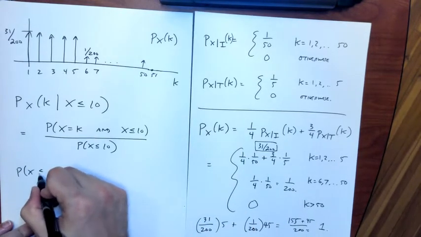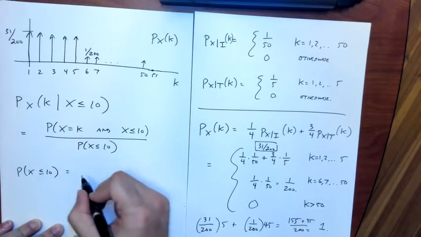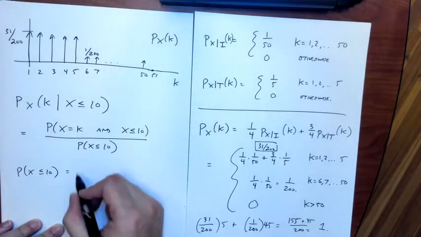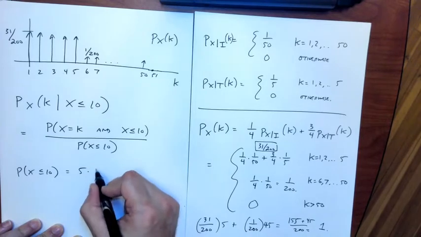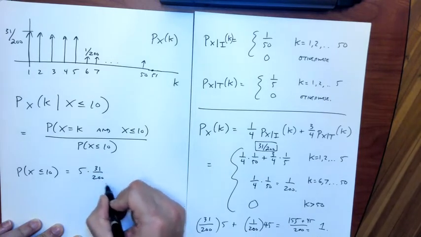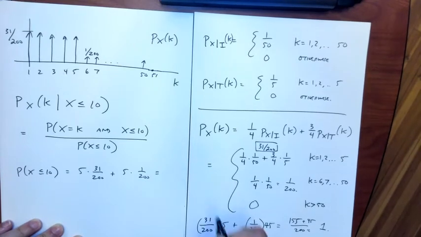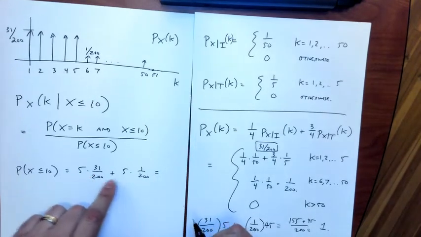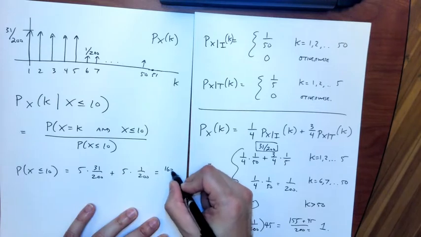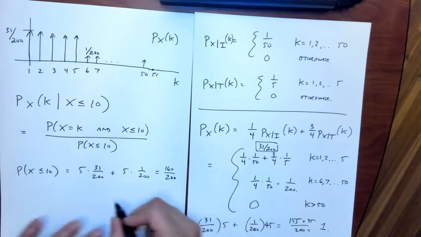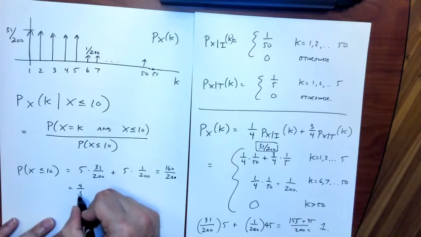So the denominator is basically adding up the first 10 values here. So I have 5 times these tall sticks, and I have 5 times these short sticks, and that's going to be 155 plus 5 is 160 over 200, which I can simplify as 4/5.